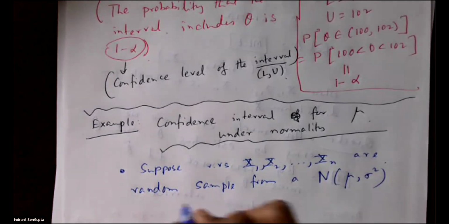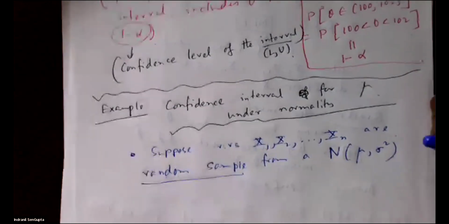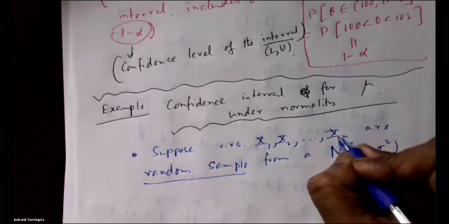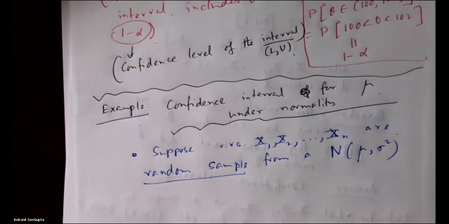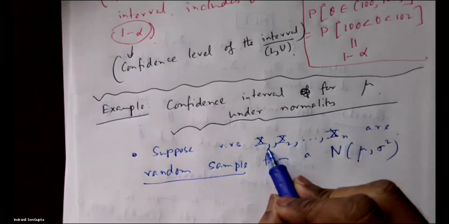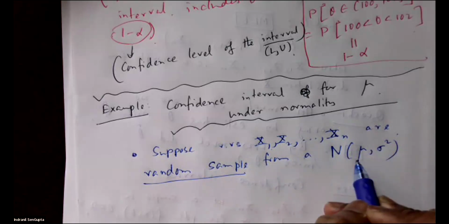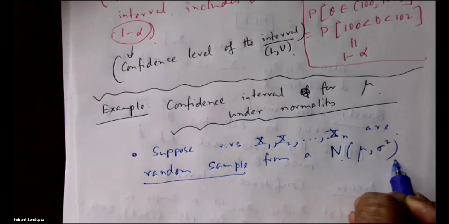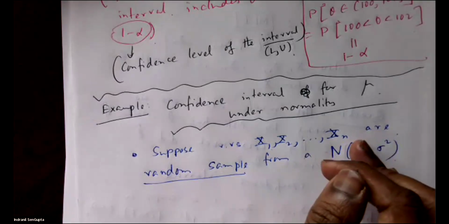Once again, what does it mean? It means that x1, x2, all the way up to xn, are independent and identically distributed. And what is the distribution? The distribution is normal mu sigma squared for the population.